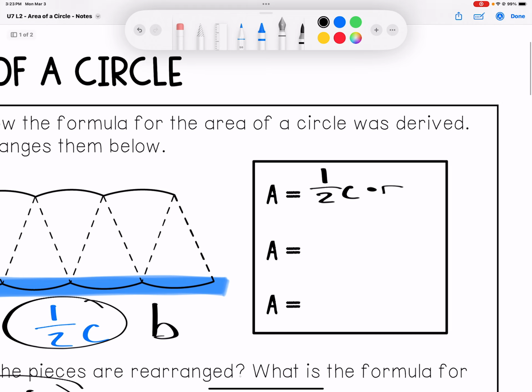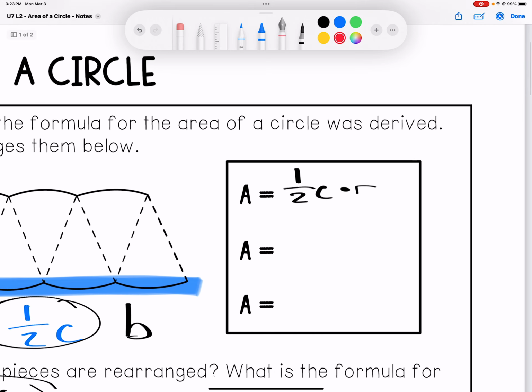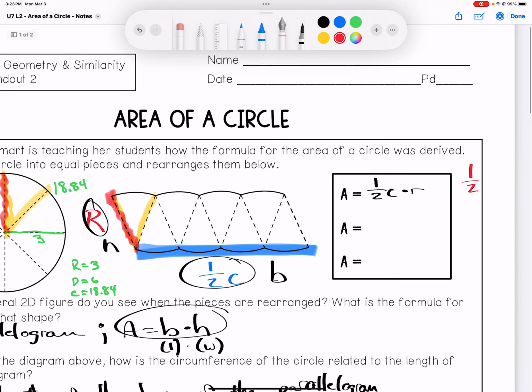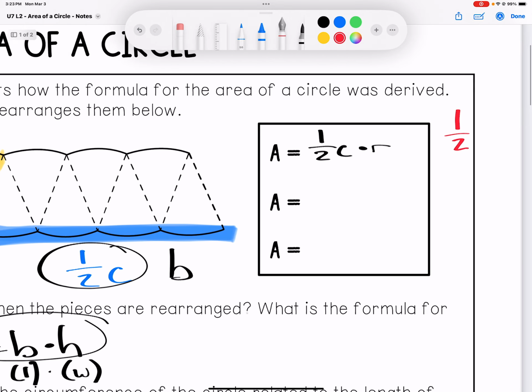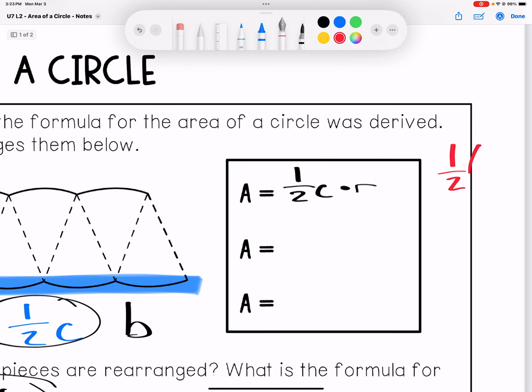So he says that half C times R should give us the right answer. Let's check and see. Okay, so over here, I'm going to do half. We done said the circumference was 18.84. Remember over here, we done solved it. We made up numbers, okay?